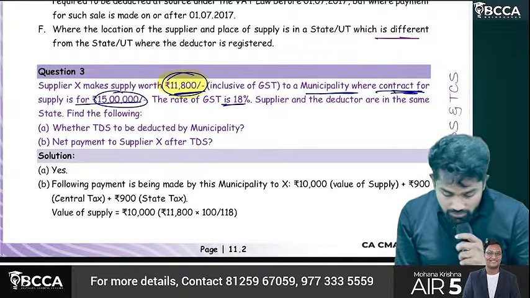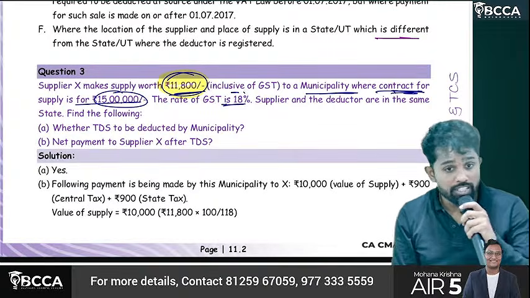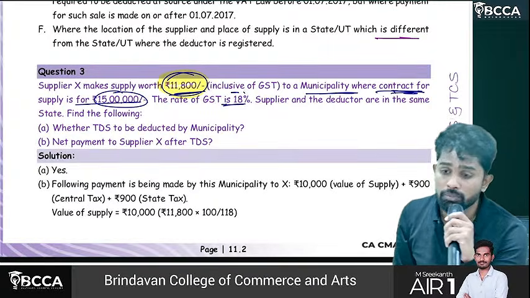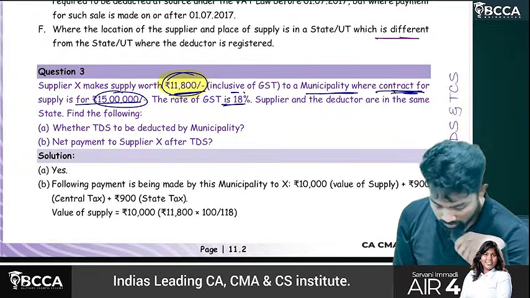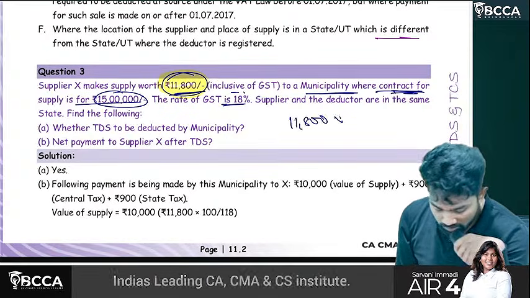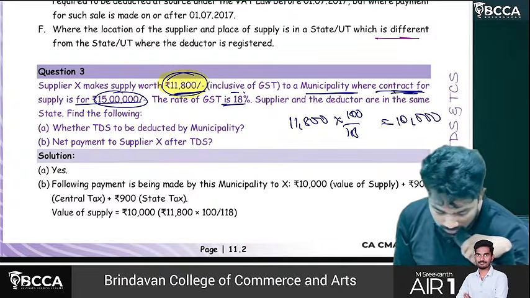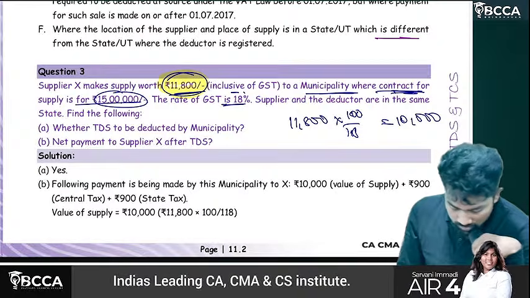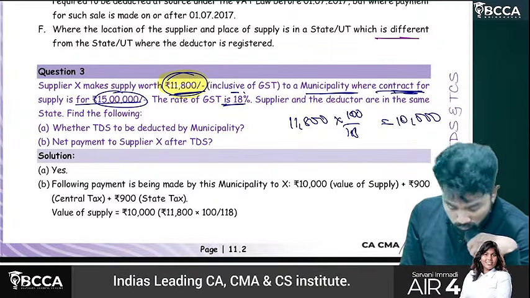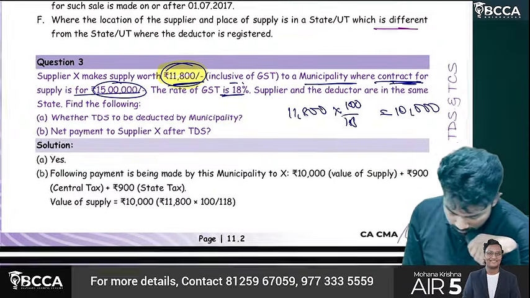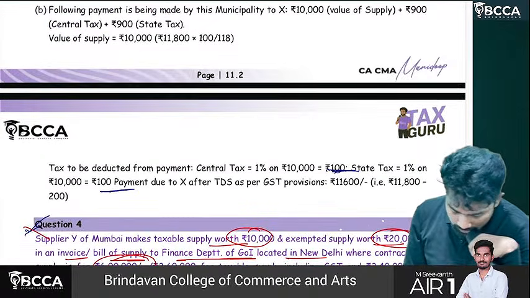Sir, this 11,800 is inclusive of GST. Do we need to deduct TDS on the amount inclusive of GST or excluding GST? So 11,800 into 100 by 118 is 10,000. So 10,000 into CGST, SGST, 1%, 1%, which is 100.